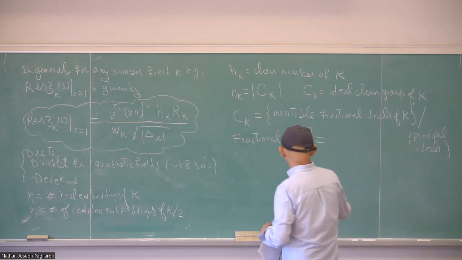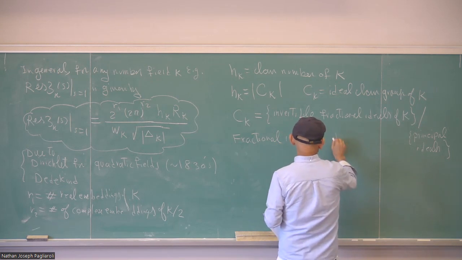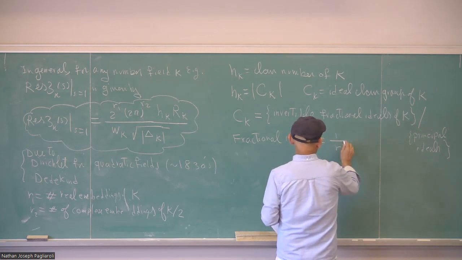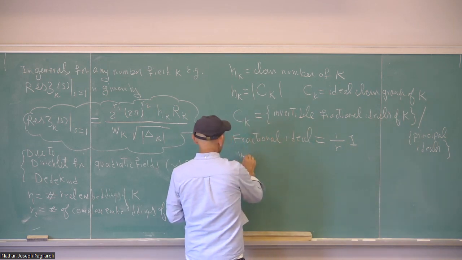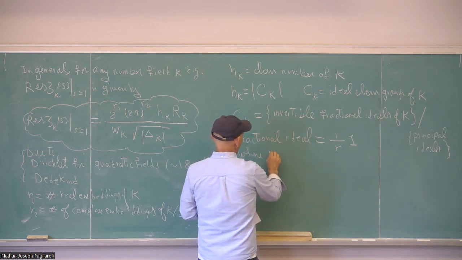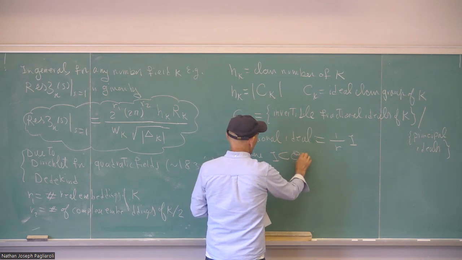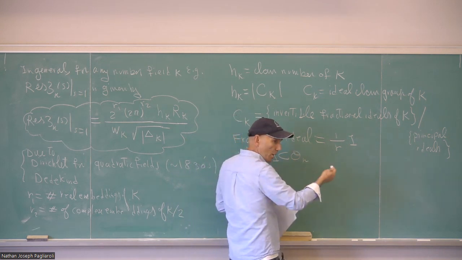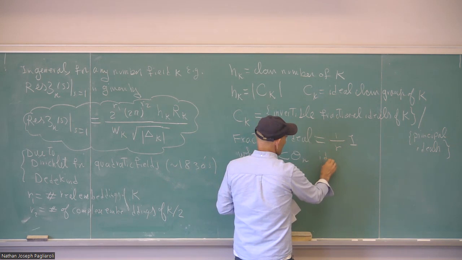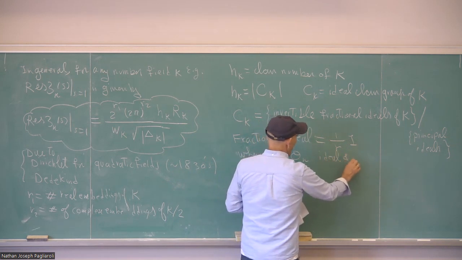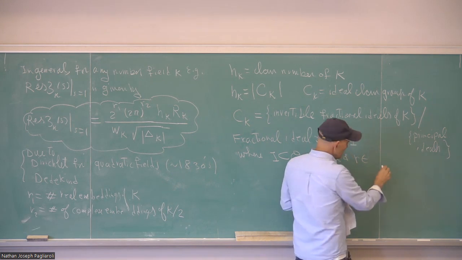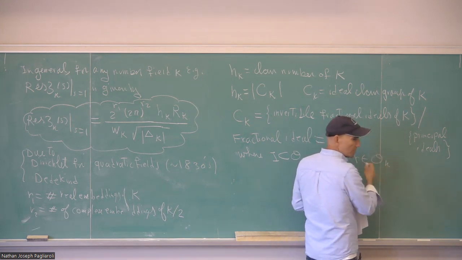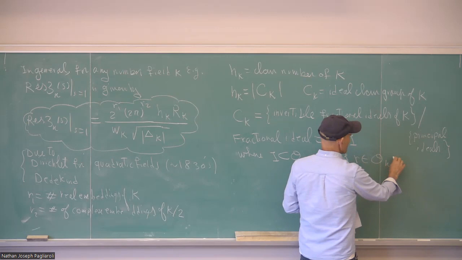So it's of the form 1 over r, times I, where I, a subset of O_K, is an ideal, honest to God ideal, as we know, and r belonging to O_K is just an algebraic integer.